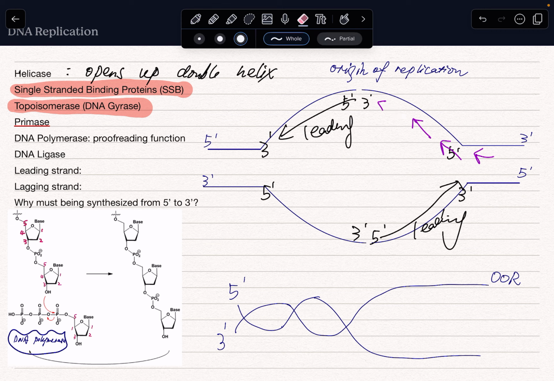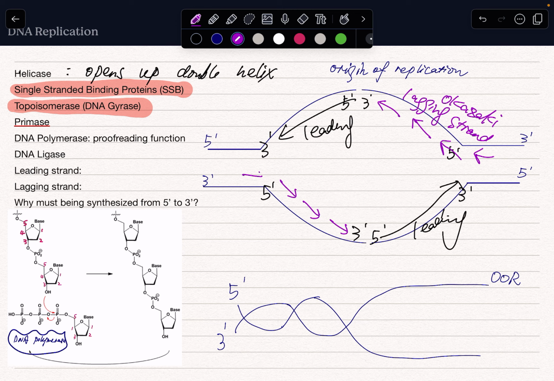From 5 to 3. Okay, so these are called fragments, right? Okazaki fragments. So Okazaki fragments is the lagging strand. Okay, so on the other DNA strand, we have to go from 5 to 3, 5 to 3, 5 to 3. And as the DNA opens more, we can have more 5 to 3 fragments.